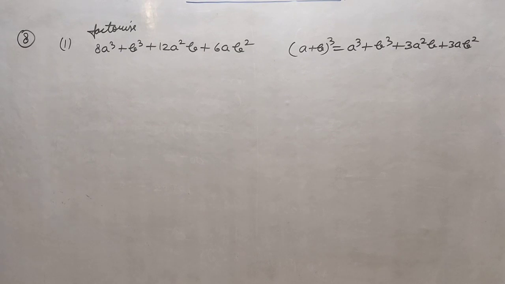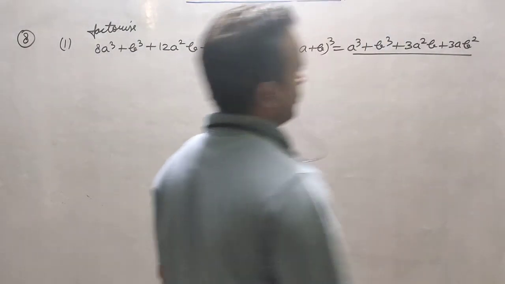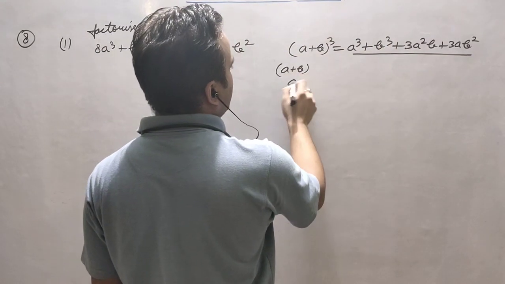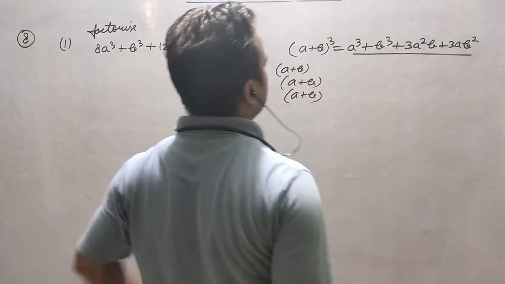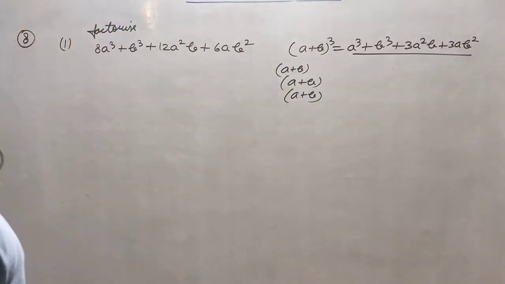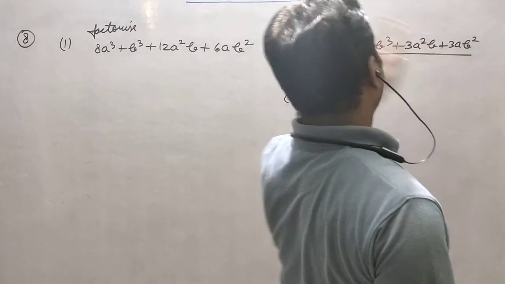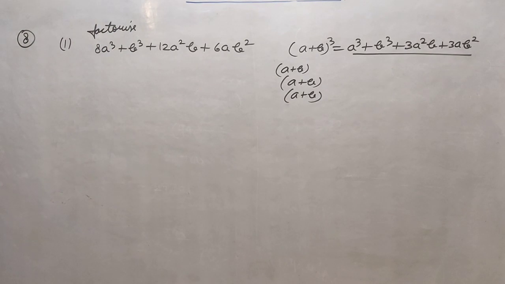Now you can see on the right side, this is the expanded form, right? General form or expression, and this one is called factors. There are three factors, (a + b), (a + b) and (a + b), right, which we are writing in the cube form. So we have to convert this expression, which is given in this form, into this (a + b) whole cube. So how will you do it?